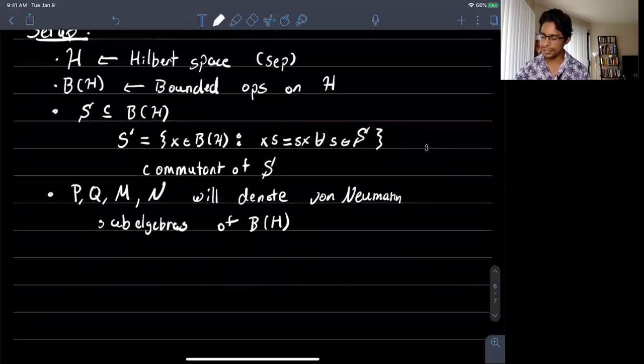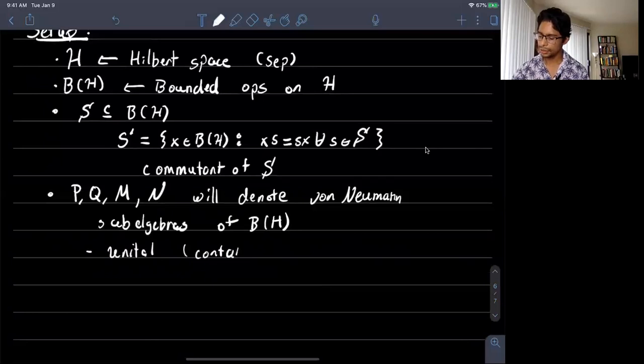And what are these? These will be unital, i.e. they contain the identity operator.